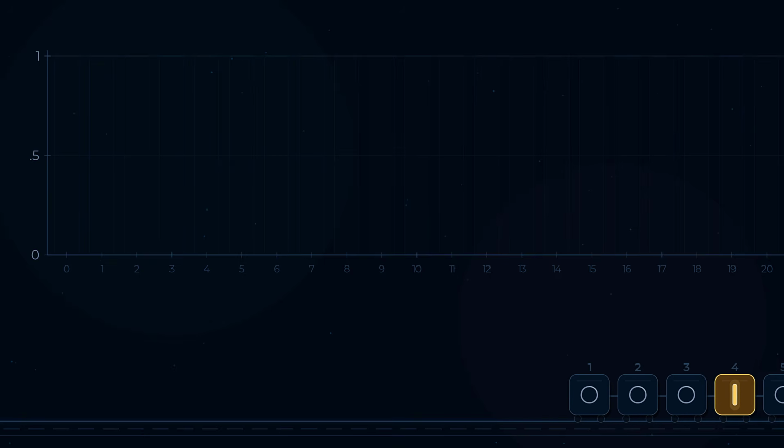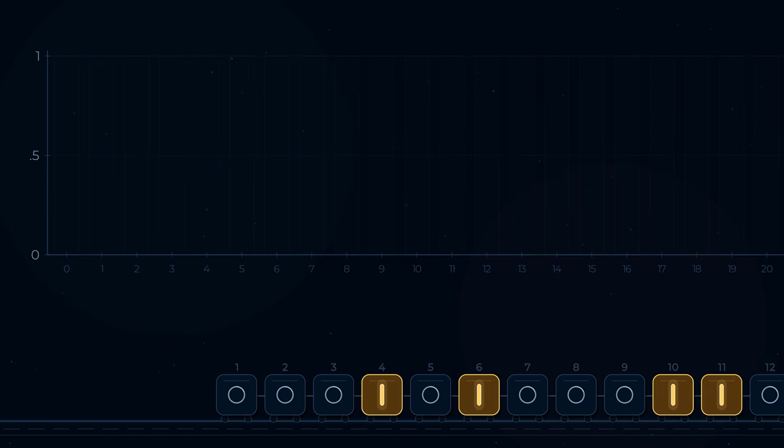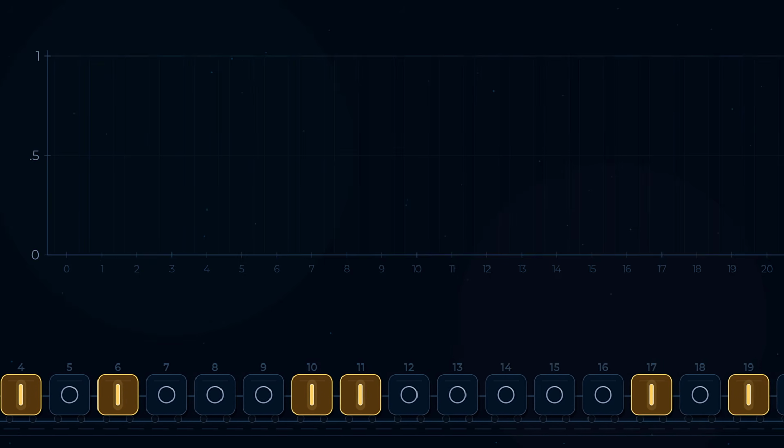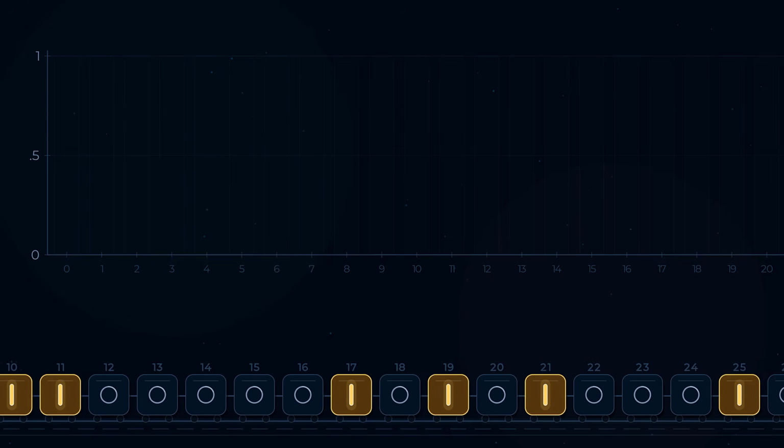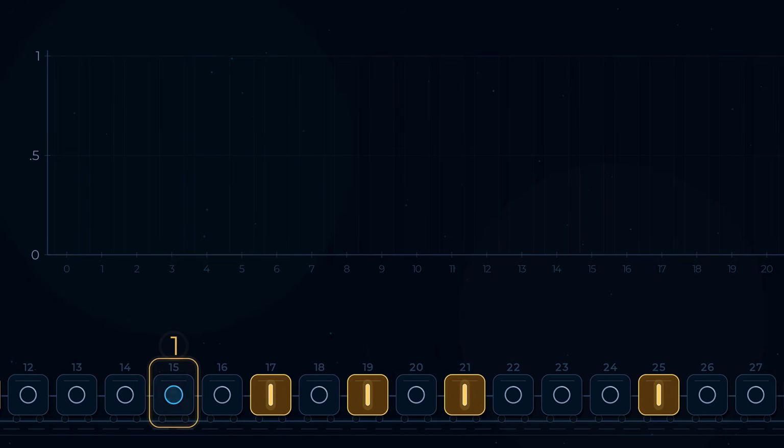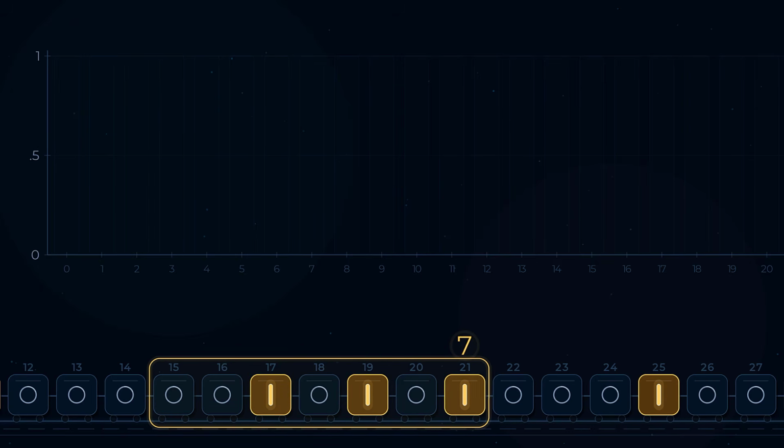Now let's go back to our Bernoulli process and suppose that this time around we're interested in the trial on which we will observe the third success. And this can be generalized to the trial on which we will observe the rth success. Like before, we choose a random starting point and then we start counting trials until we register the third success.